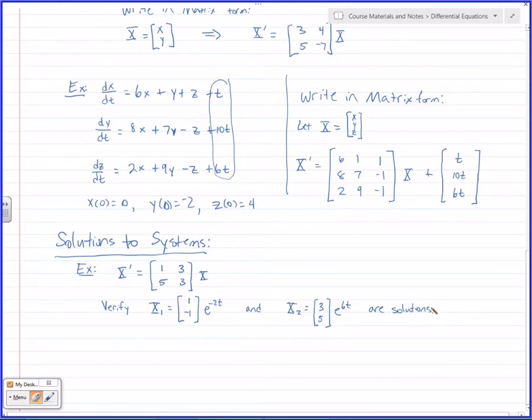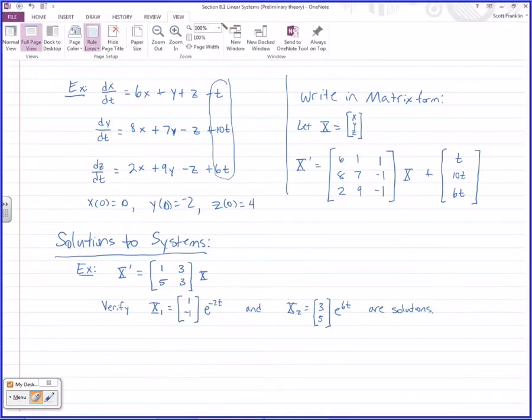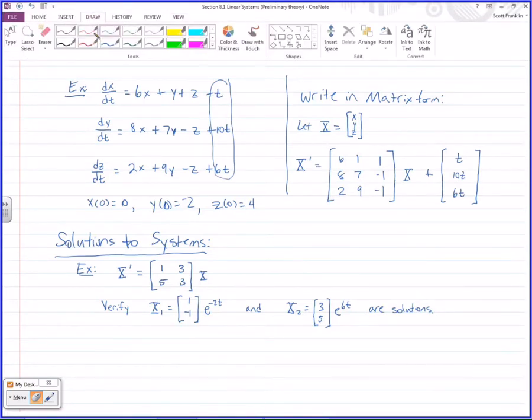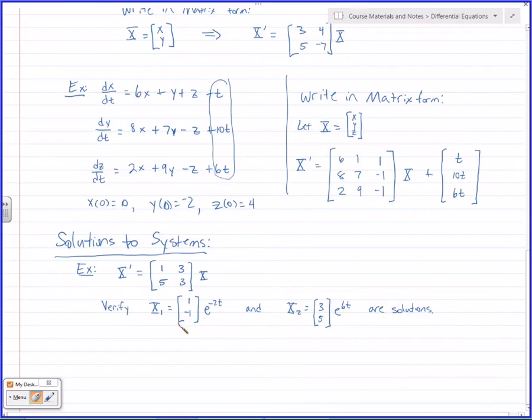Let's think through what that means for me to verify. First of all, just recognize that this is the same as e to the minus 2t and negative e to the minus 2t as a vector. You see that? Why that's true? I'm just multiplying in that function.